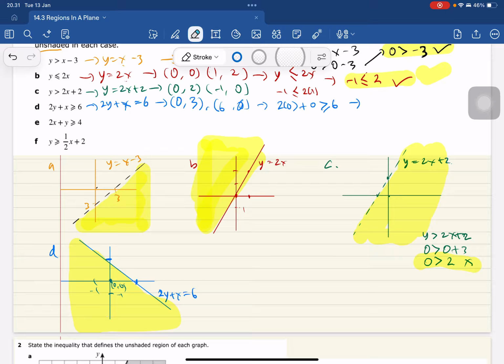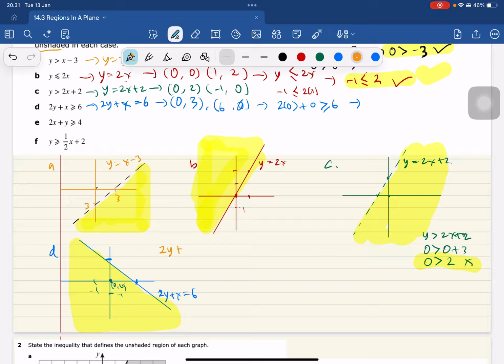So for 1D, the equation is 2y plus x bigger than or equal to 6. Let us pick this point when y equal to minus 2 and x equal to minus 2.